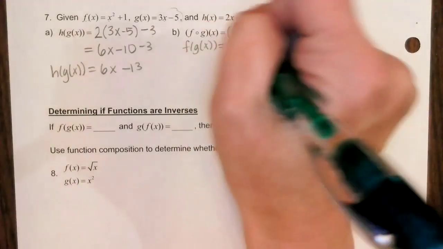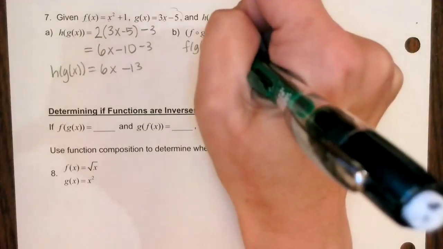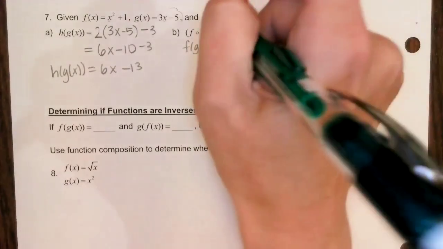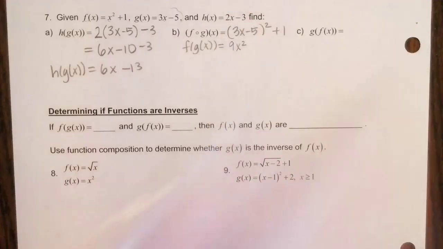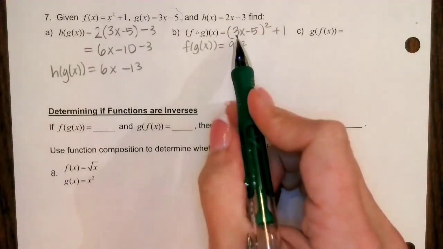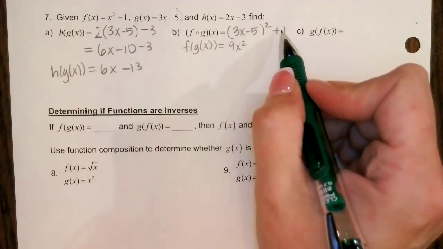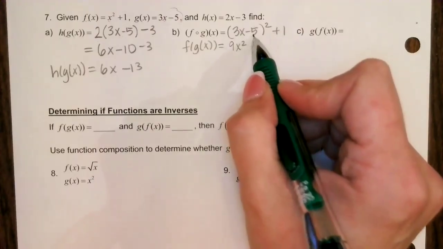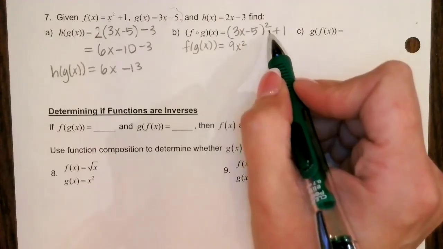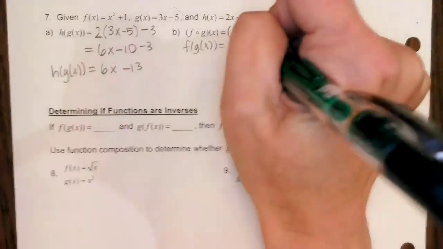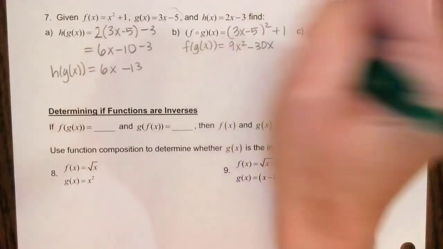Now we simplify. So 3x minus 5 squared. I FOIL that. We've done a lot of that this year. That gives us 9x squared, because 3x times 3x. And then the 3x multiplied times the negative 5 gives me negative 15x, and the negative 5 multiplied with the 3x gives me another negative 15x. So that's negative 30x.